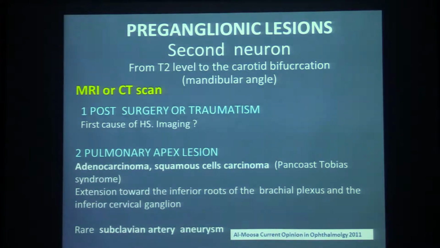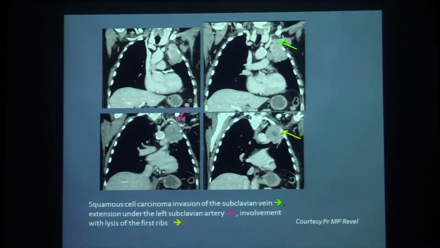The second cause of Horner syndrome in this area is all the lesions that are on the pulmonary apex, especially lung cancer, that can grow at the lung apex and extend to the roots of the brachial plexus and give a Horner syndrome, such as this case which has been given by Marie-Pierre Revel, who is very good at thorax.